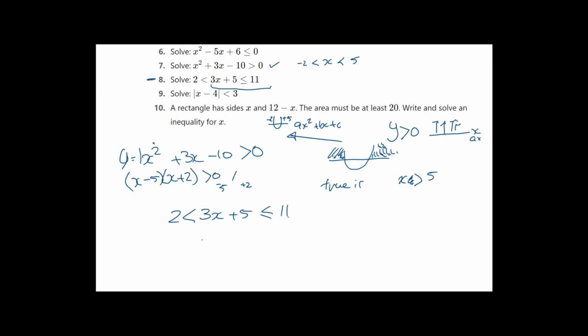Well, 2 is less than 11, so we don't need to worry about those two interacting. So we'll do it ignoring the 11 for a start, and just with this inequality. So 2 must be less than 3x plus 5. If we take 5 away from both sides, that gives us -3.